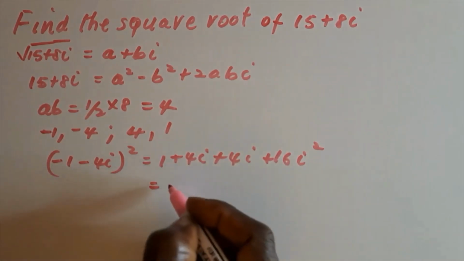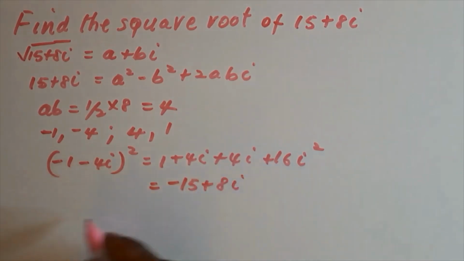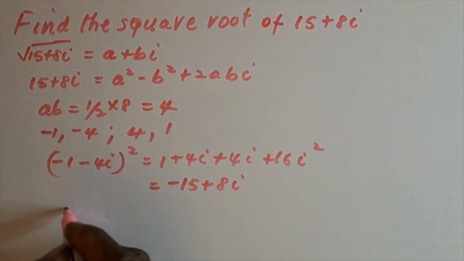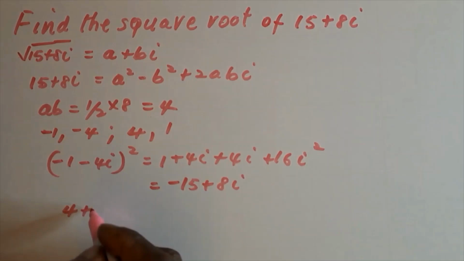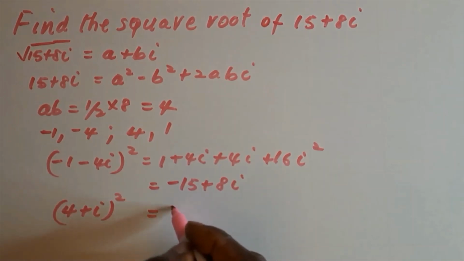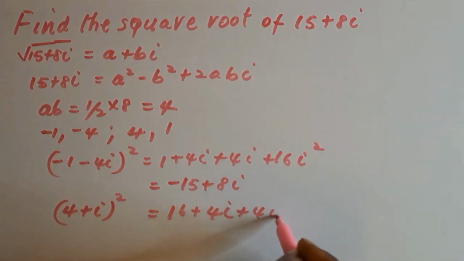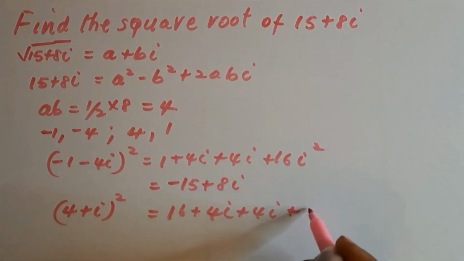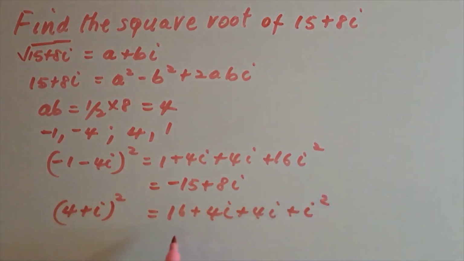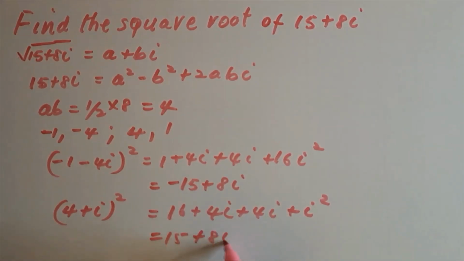Add to 1 is -15, add 8i. And the other is 4 add i squared, which gives us 16 add 4i add 4i, this time adding i squared. i squared is -1, add to 16 will give us 15, and we have 8i.